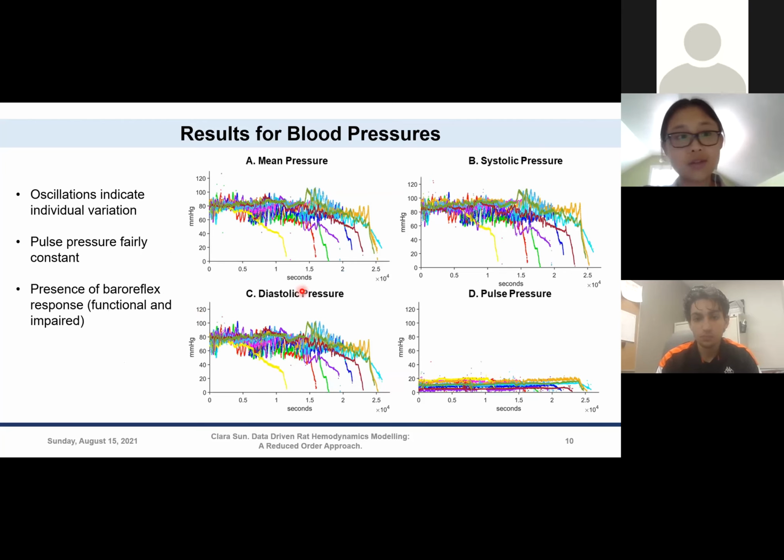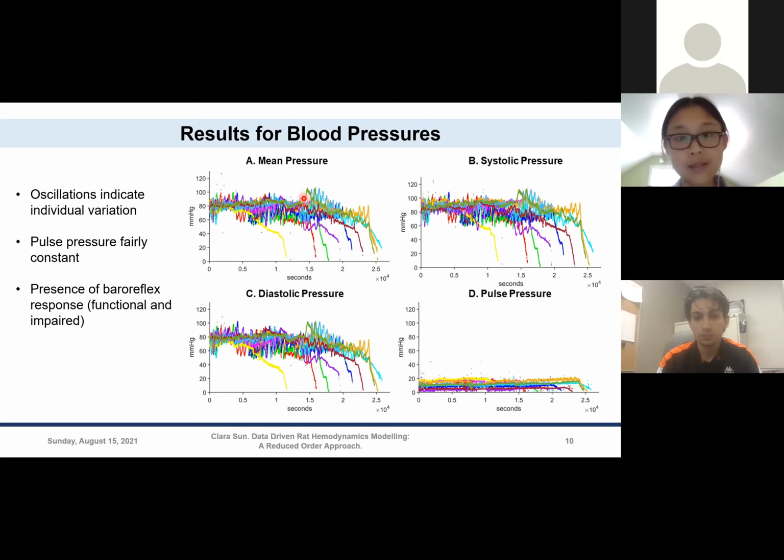Four vascular pressures were recorded over the course of HD, including the pressures shown in panels A, B, C, and D. The oscillations observed for the mean pressure, systolic pressure, and diastolic pressure suggest that a significant amount of individual variation is present. In contrast, pulse pressure remained fairly constant with a smaller spread.